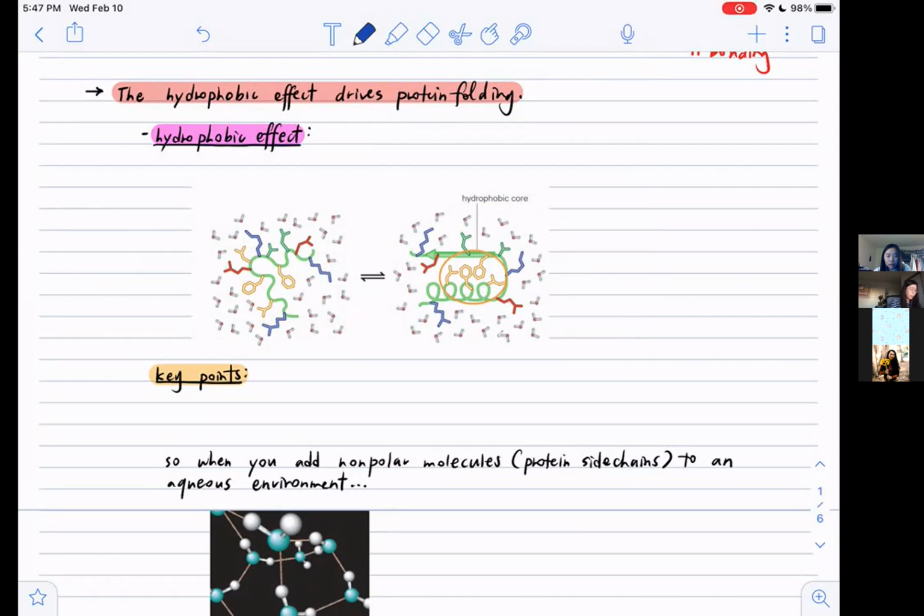The hydrophobic effect has a consequence on protein folding, and protein folding is driven by the preference of hydrophobic side chains to pack together.